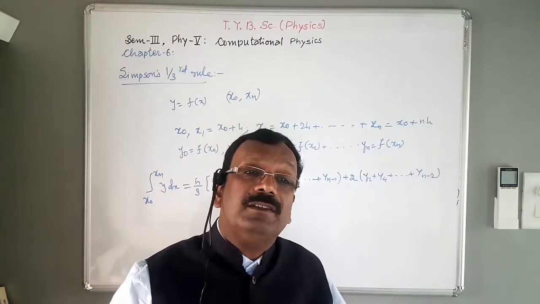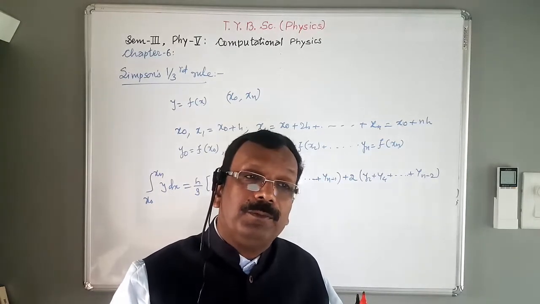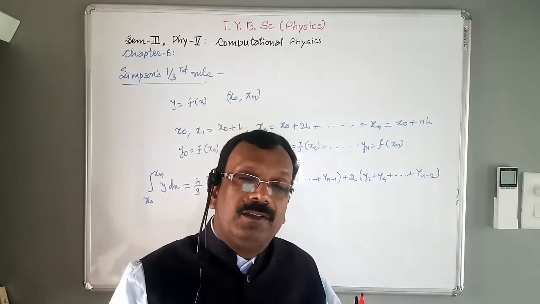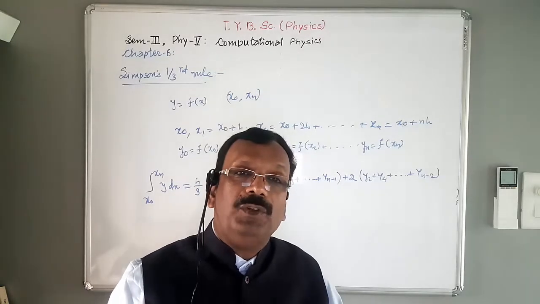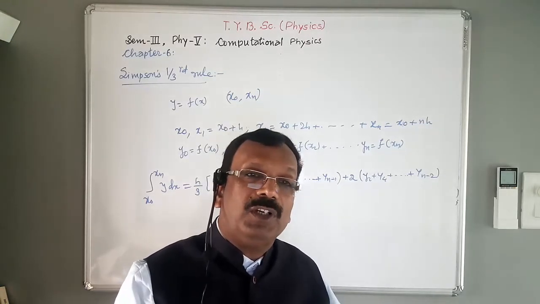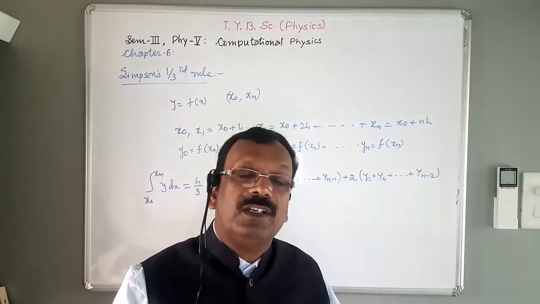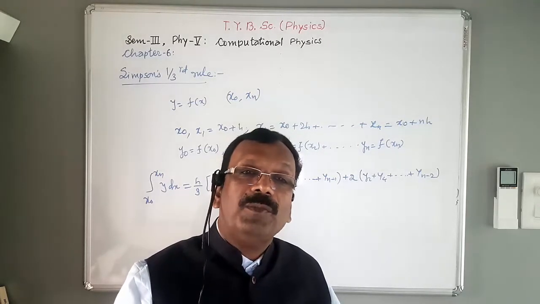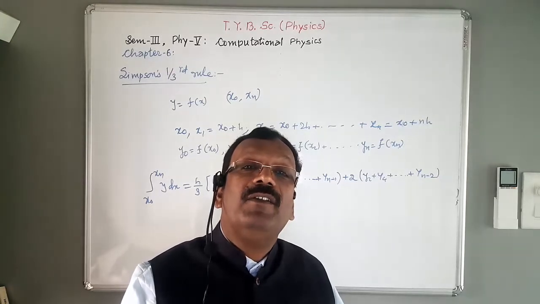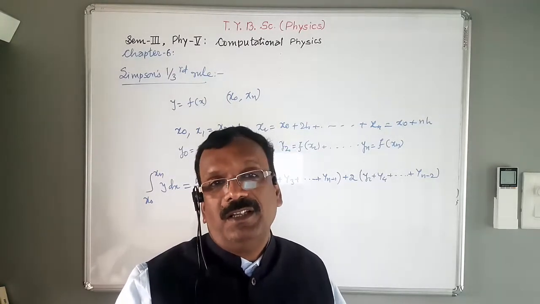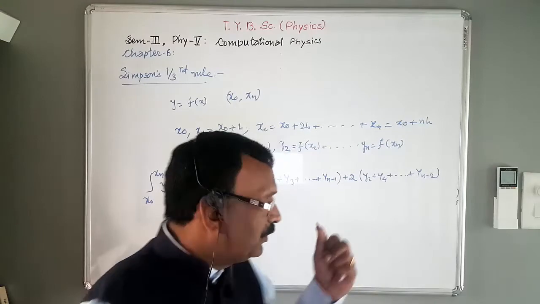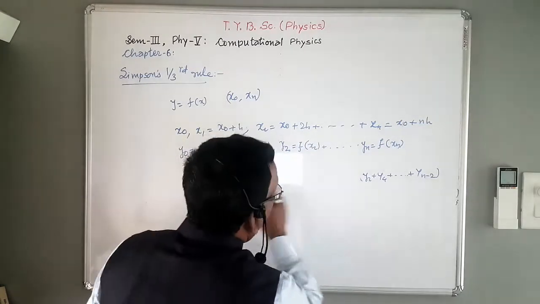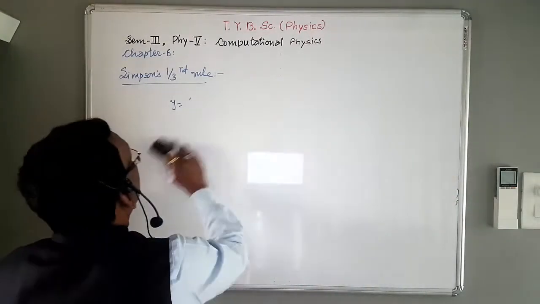If you compare the examples, algorithm and flow chart of the trapezoidal rule and Simpson's 1/3 rule, you will get the idea, and from that idea you can easily develop a program for Simpson's 1/3 rule.